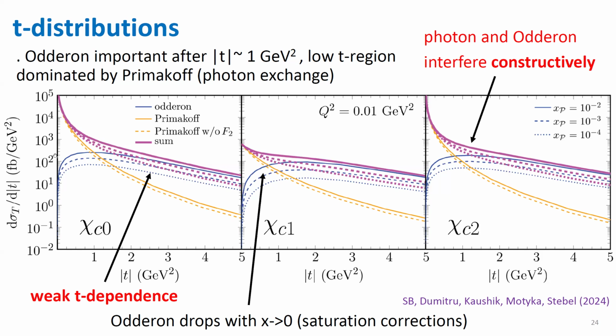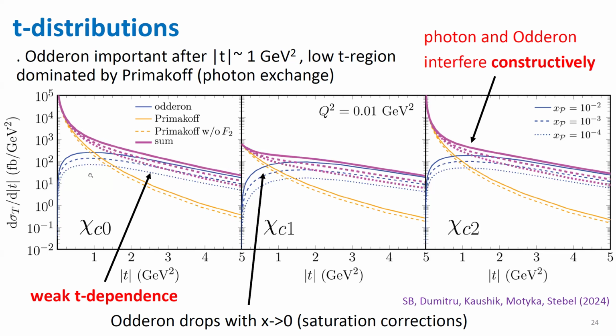If you look at the Odderon at low t, going exactly to t equals 0, the Odderon cross-section vanishes, and this comes from the symmetries of the Odderon amplitude, namely this cosine phi modulation. In the low t region, the Primakoff process is what dominates, and this is shown in the orange curves here, here, and here, and it's just coming from the Coulomb tail.